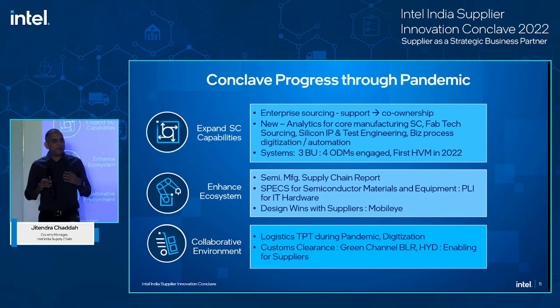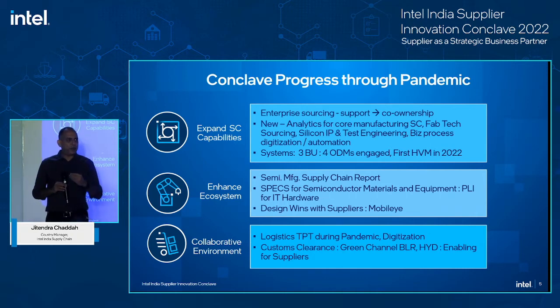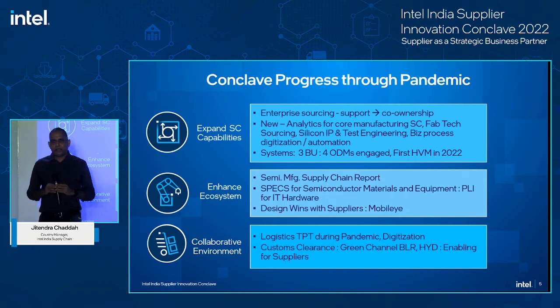We developed a very strong capability in the ODM qualification. Very proud to say you will hear that from within the vertical tracks today with Baman and his team. Bhaskar is here, who would be talking about it. But we would have the first high volume manufacturing capability or pilot started in this year, 2022, for all the work that they had done over the last 18 months or so.